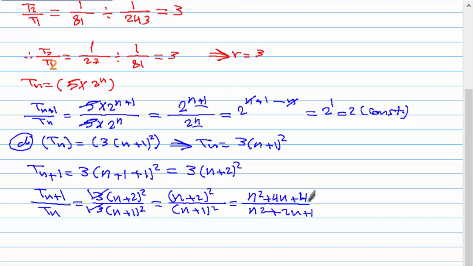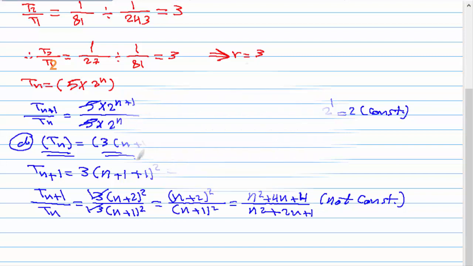This fraction is not constant, it is variable because it contains n. So the sequence Tn equals 3 multiplied by n plus 1 all power 2 is not a geometric sequence.